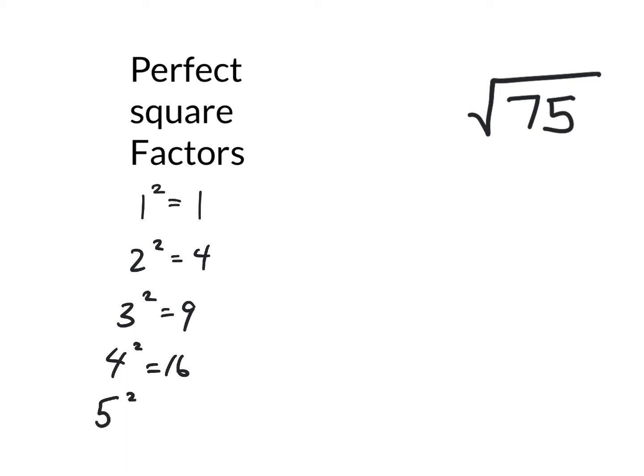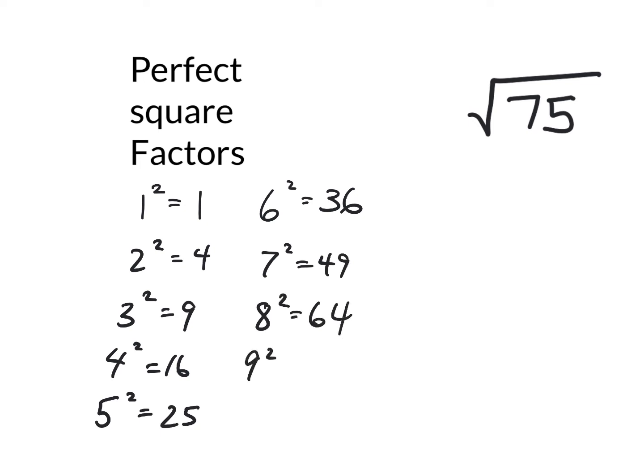We'll go up to 10 just to build up some of those math memory muscles. 7 squared is 49, 8 squared is 64, 9 squared is 81, and 10 squared is 100.